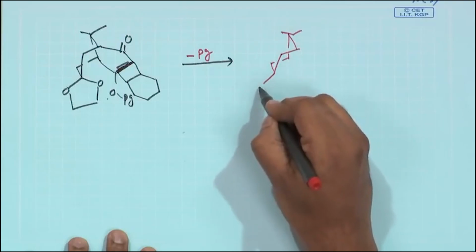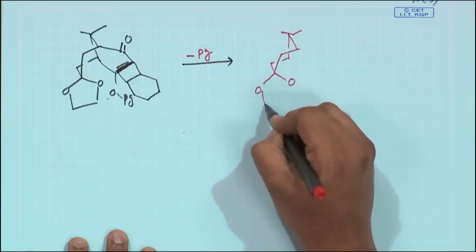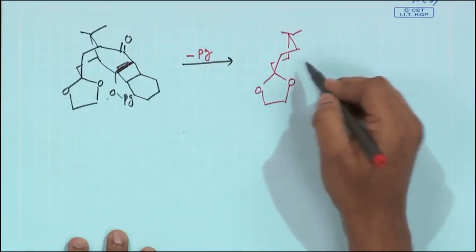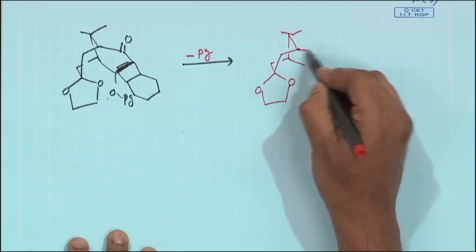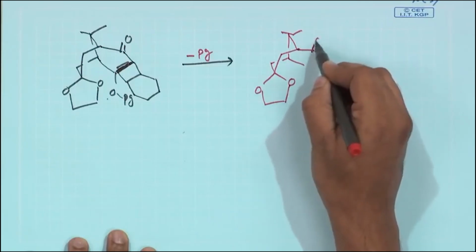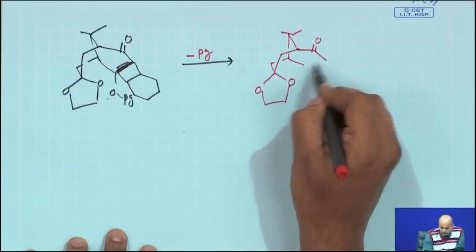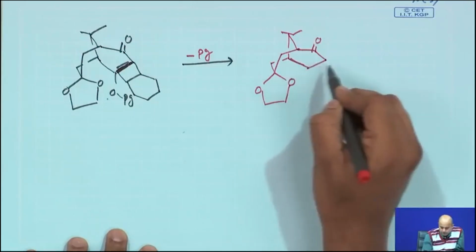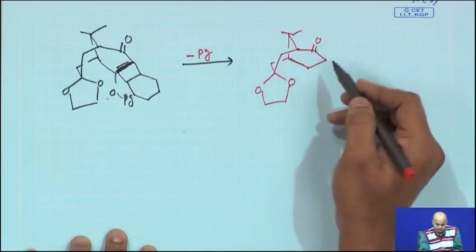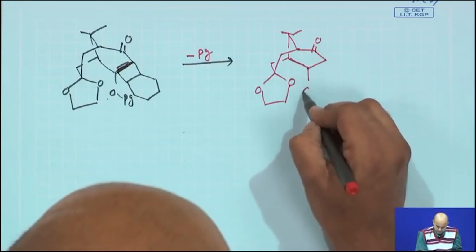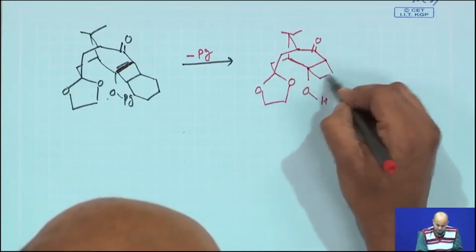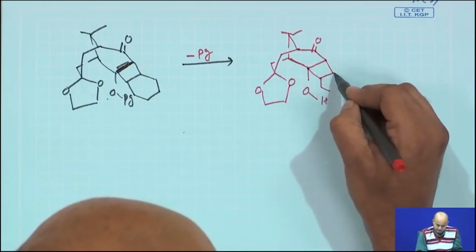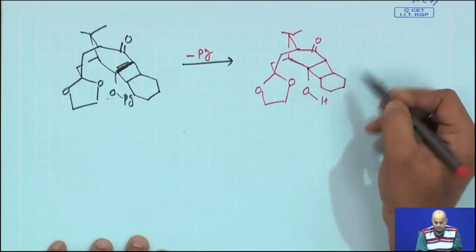this drawing is taking a little bit longer time, but it basically gives you a good exercise in how you can draw different structures. So, now what will it give you? It basically gives you an OH here, and then you are having this cyclobutane, and then it has this cyclohexane.